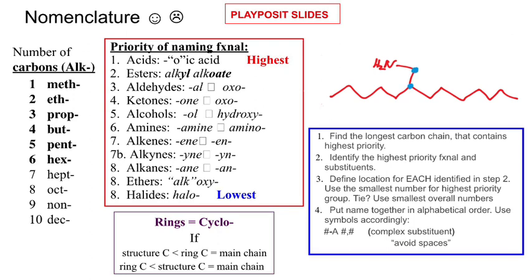And now I have to decide, it looks like it's longer to the right. That's now my longest carbon chain. It's shorter than the previous one I had, okay? But it's the longest carbon chain that contains the highest priority functional group. That becomes a huge caveat on that.